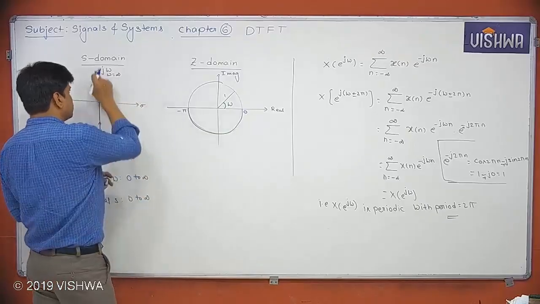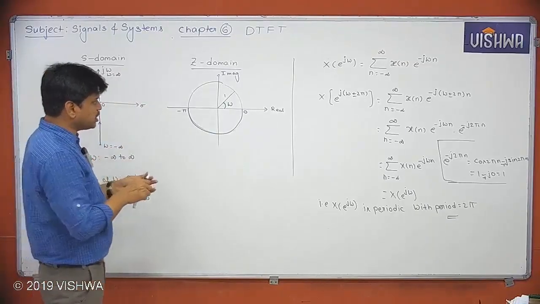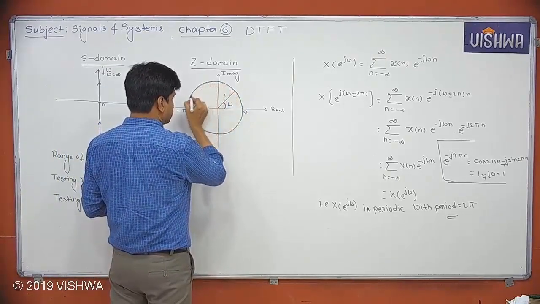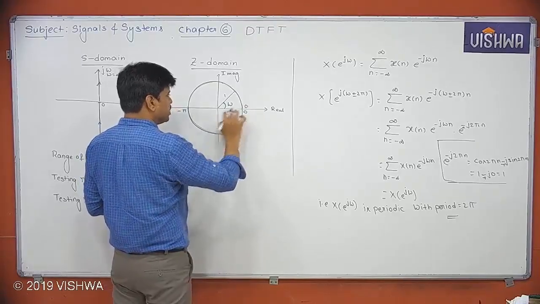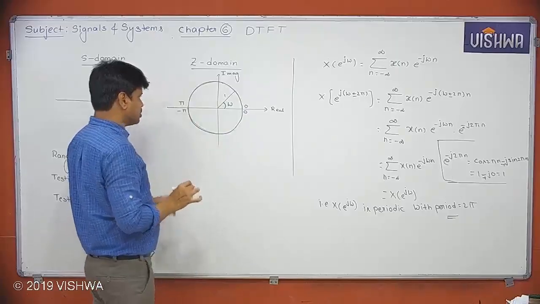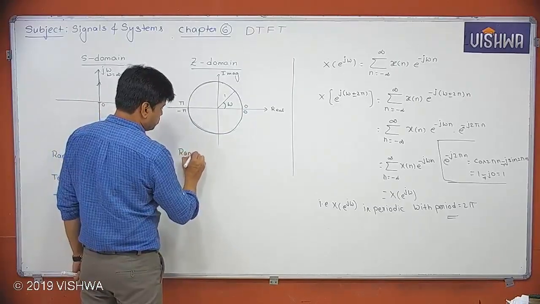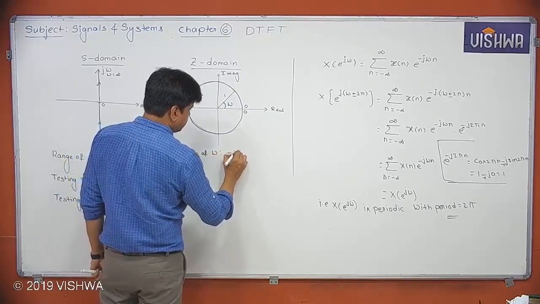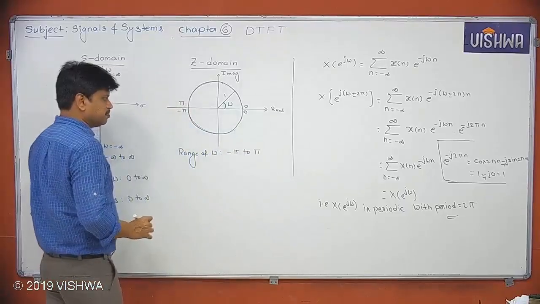Next, the upper vertical line is similar to the upper half circle, where the angle goes from 0 to pi. So what is the range of omega here? The range of omega is minus pi to pi.